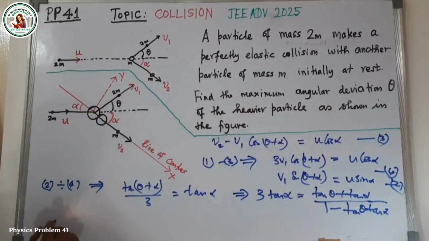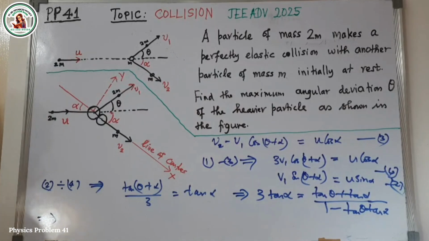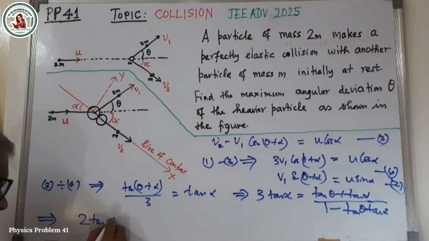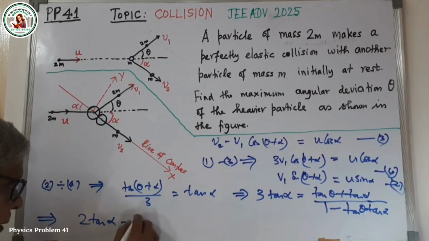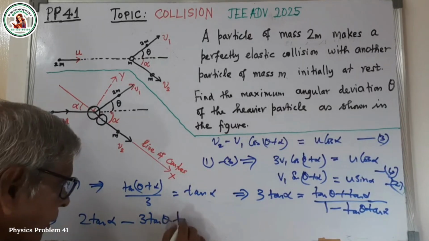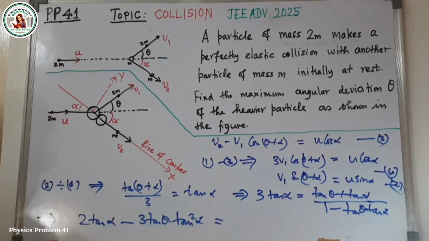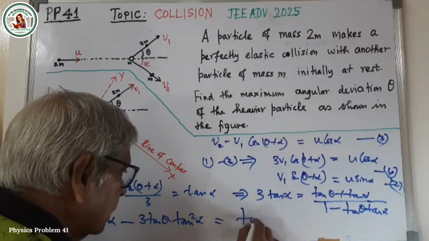So that on further cross multiplication we get 2 tan alpha minus 3 tan theta tan square alpha is equal to tan theta.